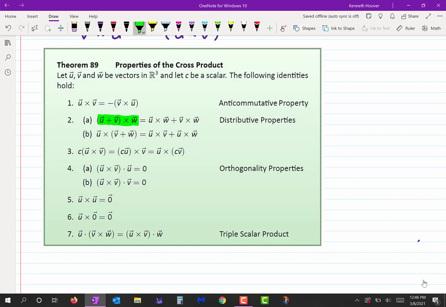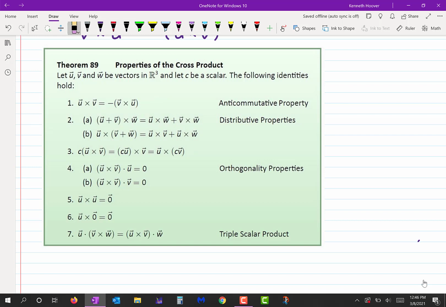It's the same answer as if you added the cross product of u with w, plus the cross product of v with w. So you could calculate something like that, or you could calculate like that.